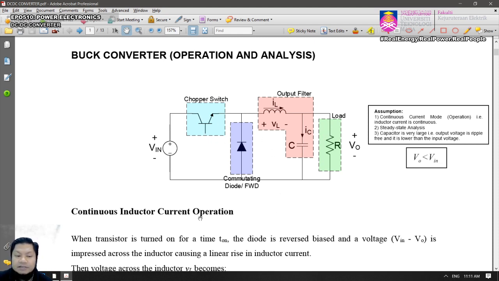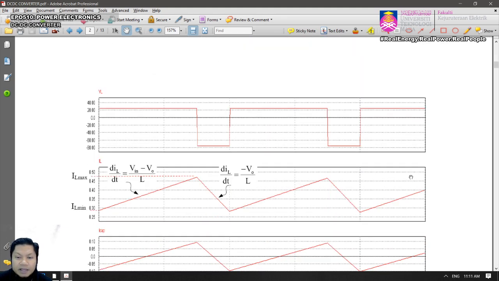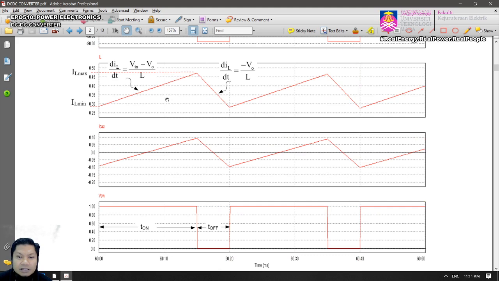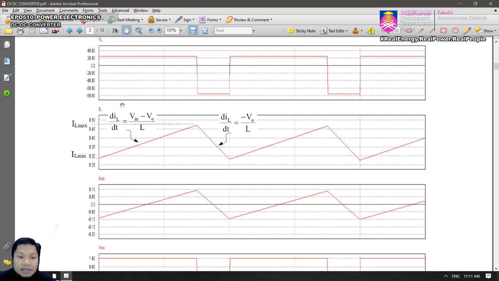Let's assume that we have continuous inductor current operation, and this waveform is the continuous current operation. This is IL, the inductor current. It is said to be continuous because it doesn't touch the zero level and there is no intermittent. Here we have 0.3 and the maximum is about 0.47.